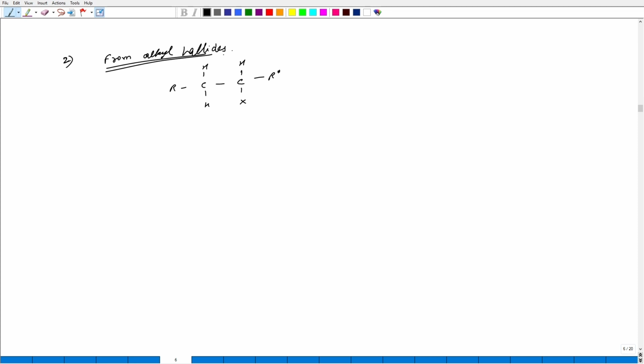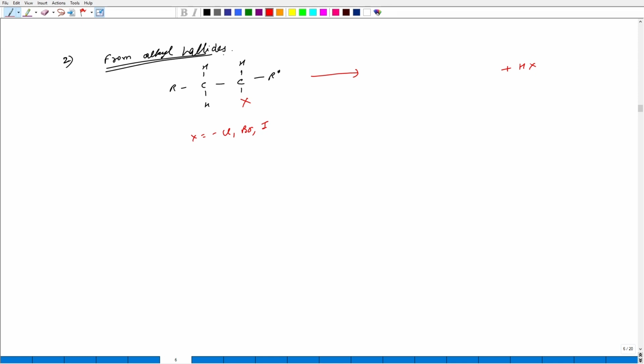In general, X is the halide, X can be chloride, bromide, iodide, anything. So, what we need to do is remove this X and also remove something from this carbon. This carbon has the hydrogen to remove. That means, one thing is for sure that we have to remove an HX molecule.